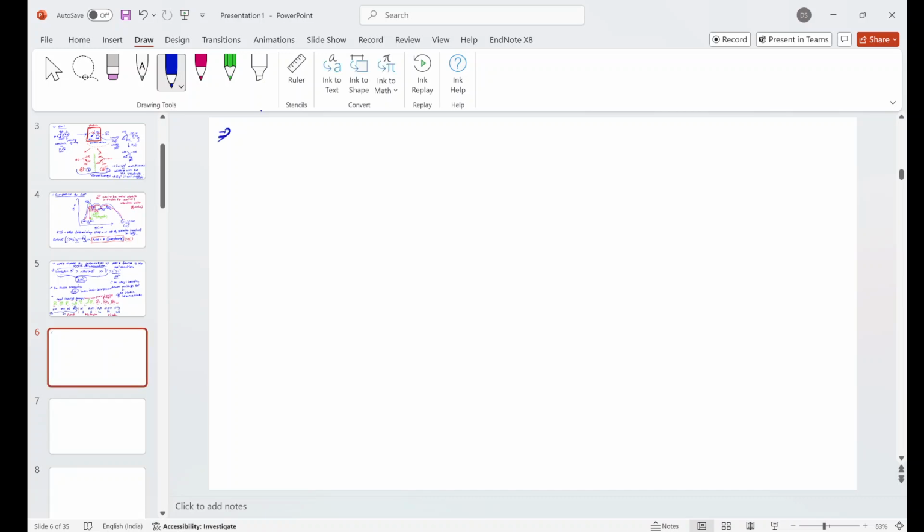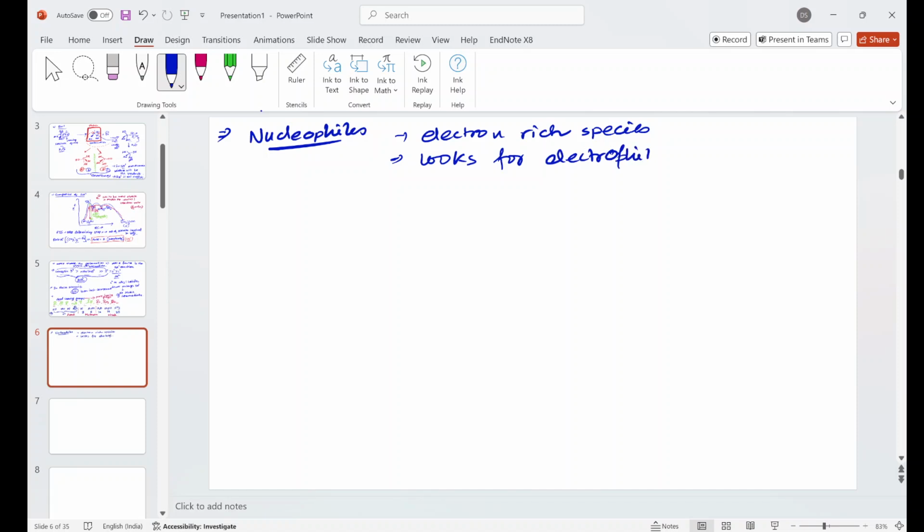And we also have to talk about the nucleophile. What we know about nucleophiles is that they are electron rich and look for electrophilic, or electron deficient, species.